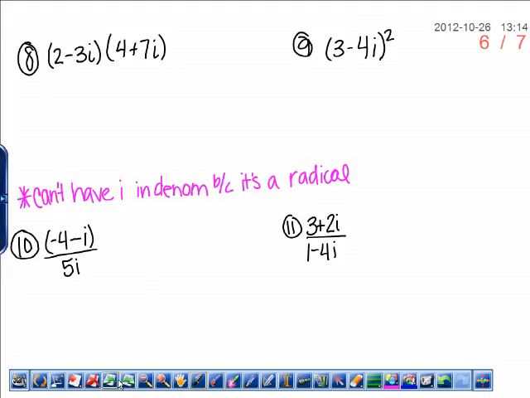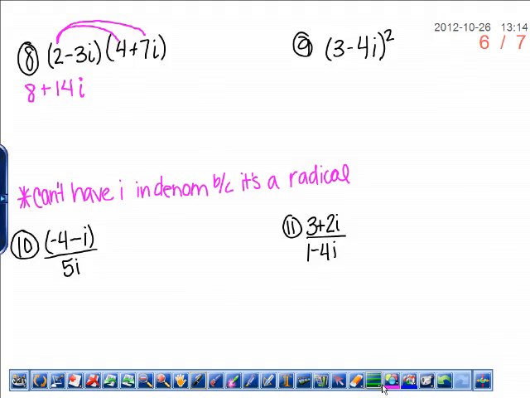All right. 2 minus 3i times 4 plus 7i. What do you think we're going to have to do? Double distribute. So, let's start by distributing our 2. 2 times 4, 2 times 7i, so plus 14i.